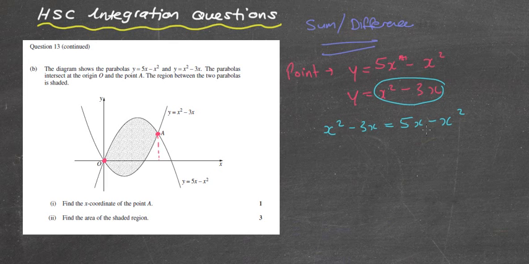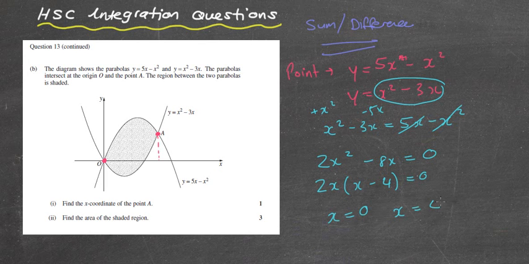Let's put everything to the one side. I'm probably going to do the left hand side because it makes the x squared positive. So I'm going to add on x squared here to get 2x squared. I'm going to take 5x across to make minus 8x equals 0. I'm going to factorize to make it 2x outside of x minus 4. And I'll now have my values of x equals 0, which I already know, and x equals 4. Therefore, A has x equals 4.